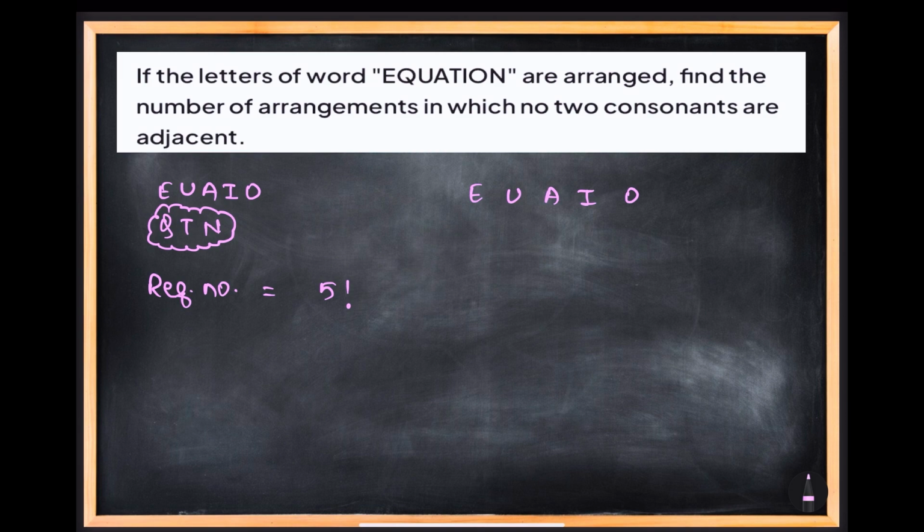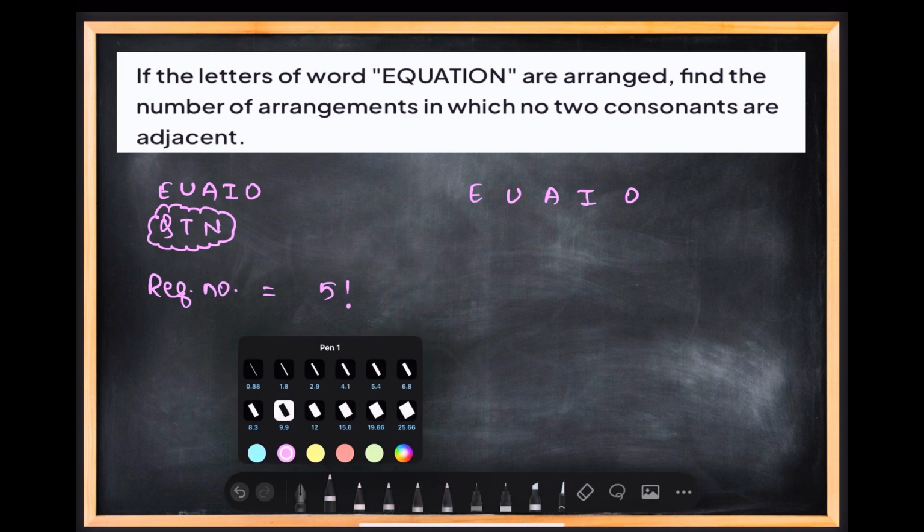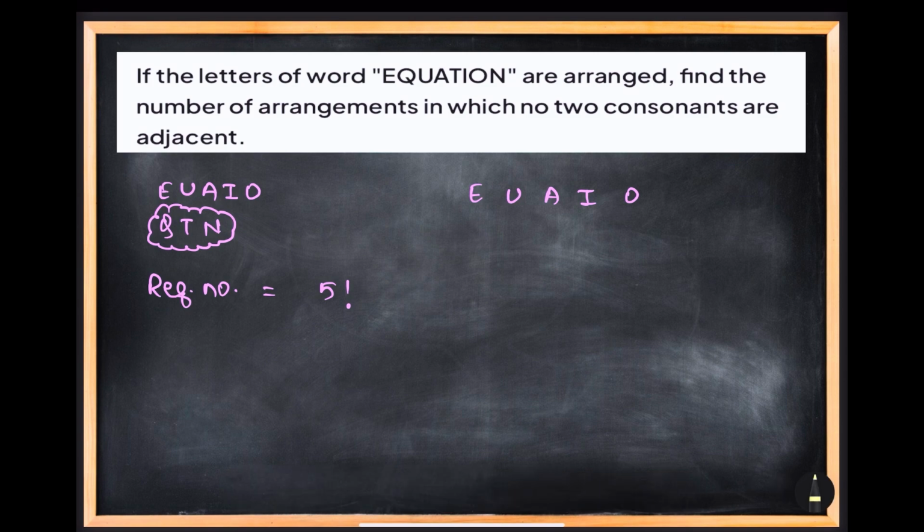Now if you observe, these consonants are having a problem, they do not wish to come together, so I'll use the gap method. Because of these 5 members, we have created 6 gaps, because it is a linear arrangement. If it is a linear arrangement, the number of gaps is one more than the number of persons.